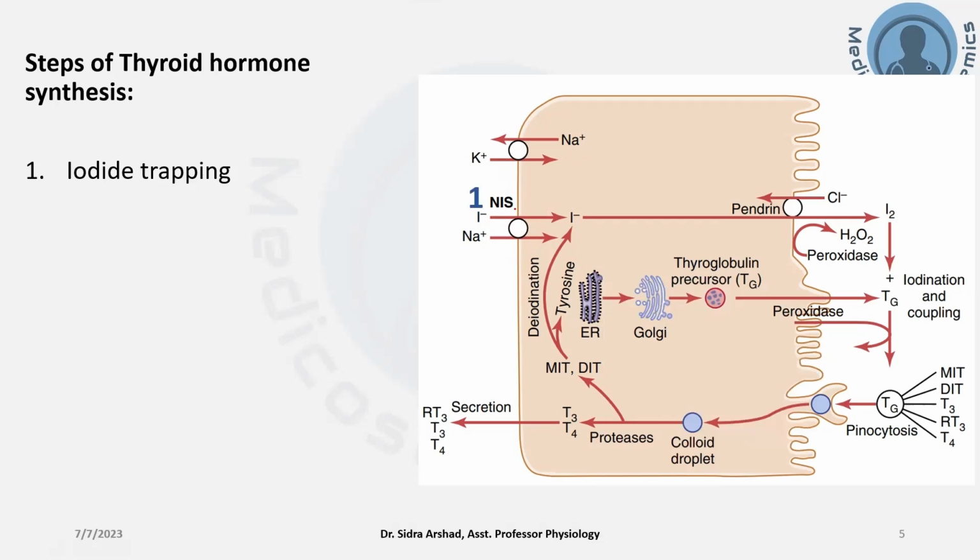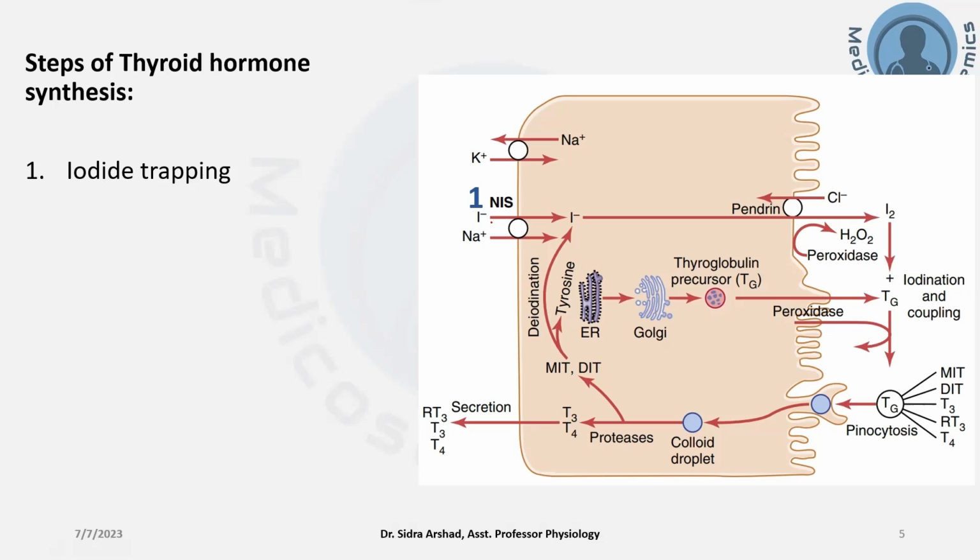So the number one step is the iodide trapping. Iodide is trapped by a special transporter, which is known as the sodium iodide symporter, NIS. N for sodium, I for iodide, and S for symporter. What does it do?